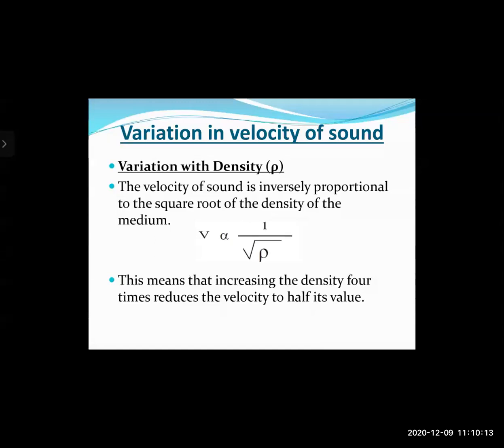This means that increasing the density 4 times reduces the velocity to half its value. So if we increase the density of a gas by 4 times, it will reduce the velocity to half its value. So an increase in density will decrease the velocity of the sound.